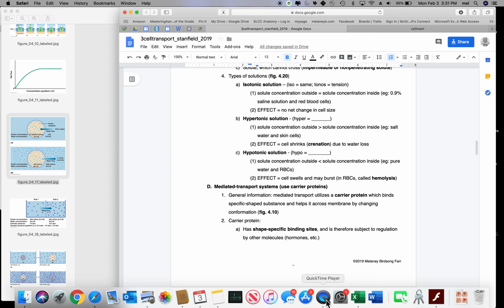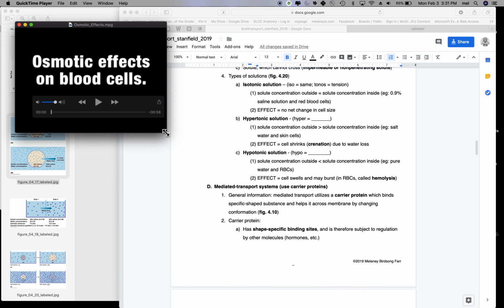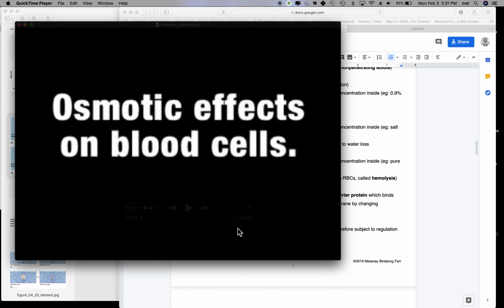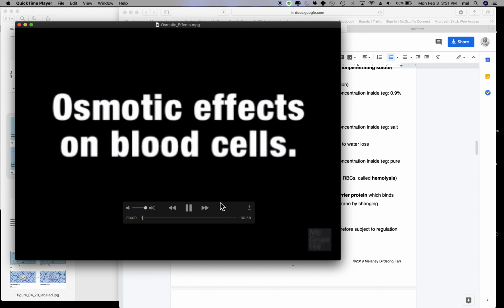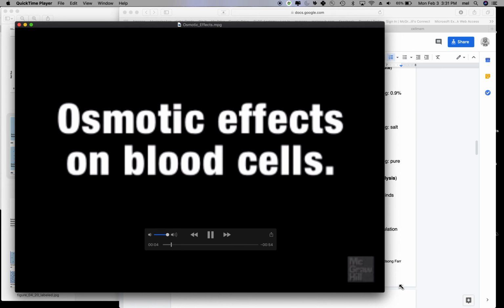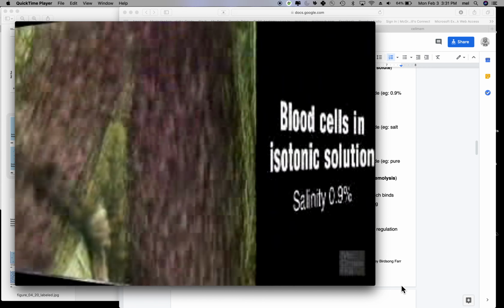Okay, so let's look at this. So the osmotic effect on blood cells in each of these situations. Blood cells, like other cells, have differentially permeable membranes. As a result, they tend to be isotonic to surrounding fluids. In other words, they have the same salinity.